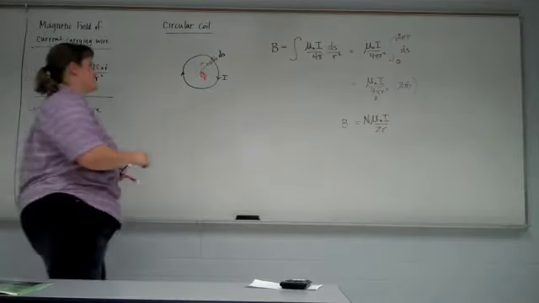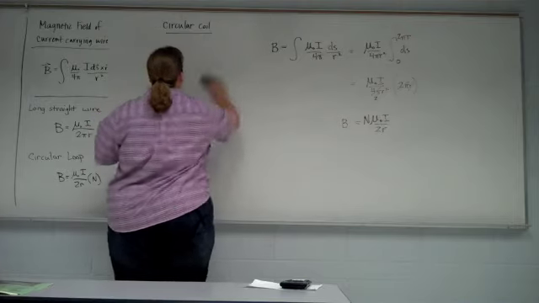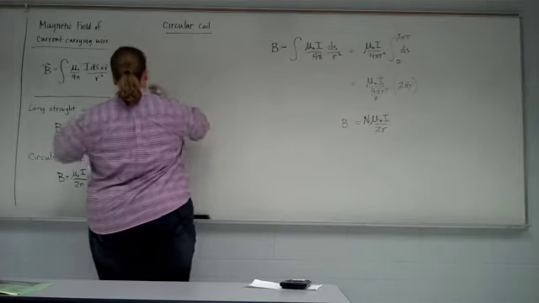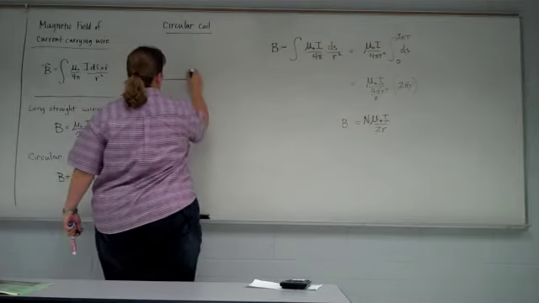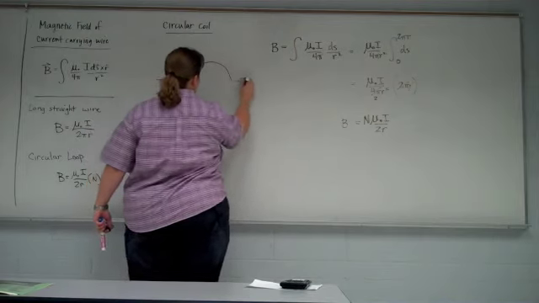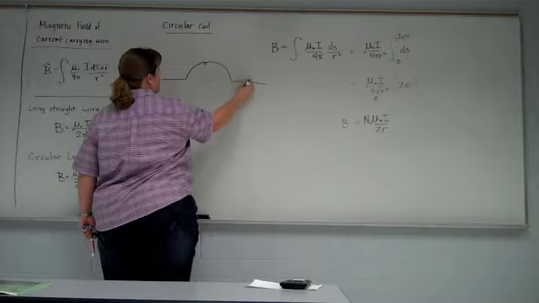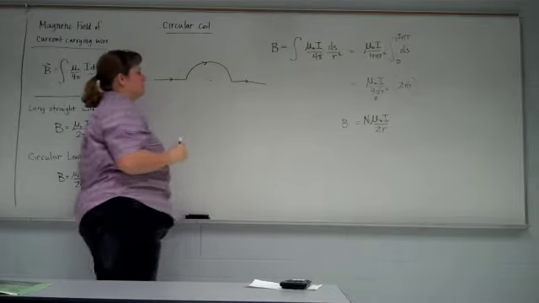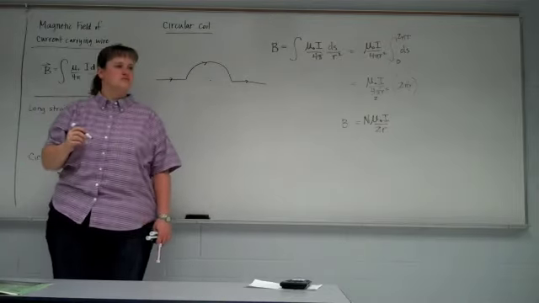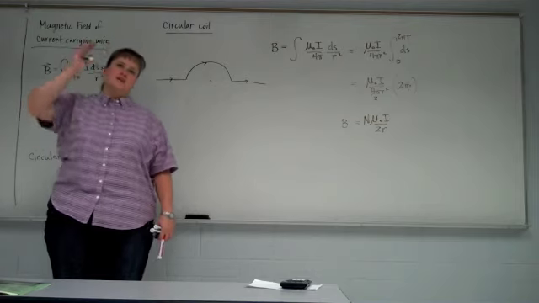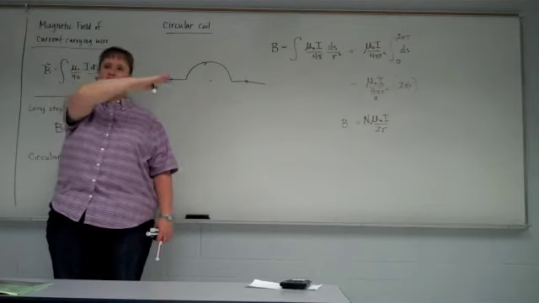What do you think would be different if we had half a loop? So a single wire bends through a semicircle and keeps going.